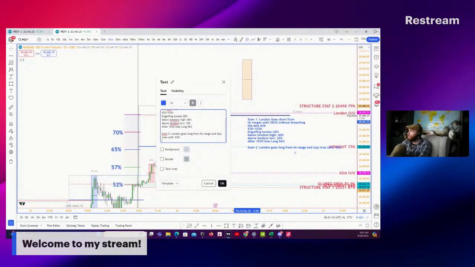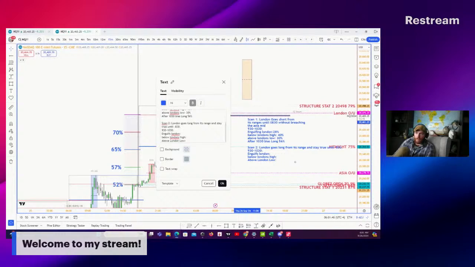All right, so now 9:30 and 10:30, right, engulfs London, below London's high, above London's low, right? And so now, let's put that, we say true.